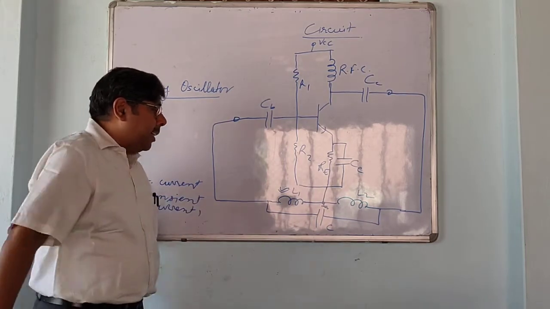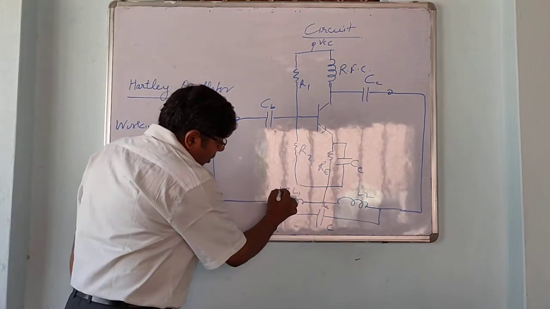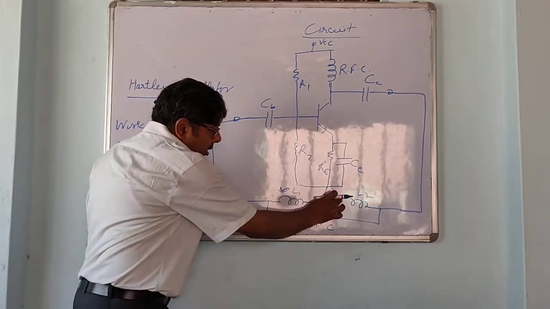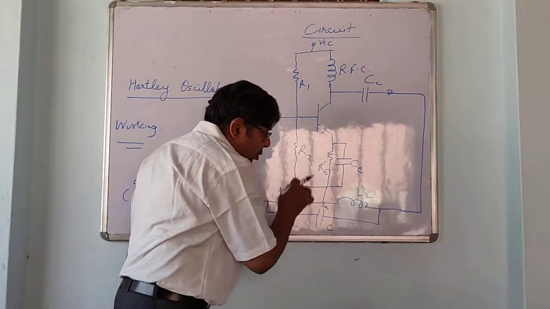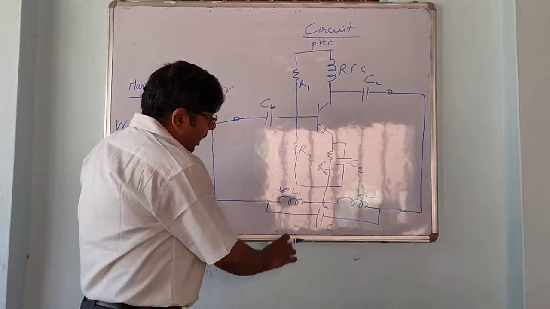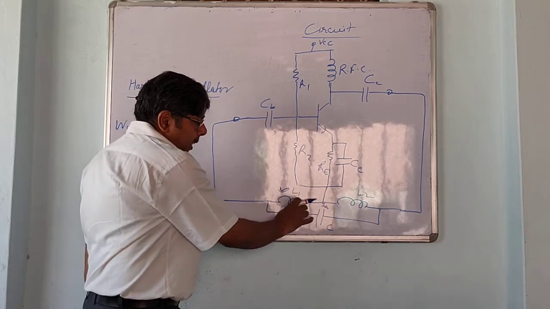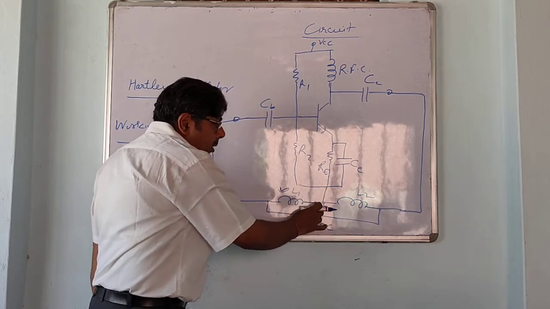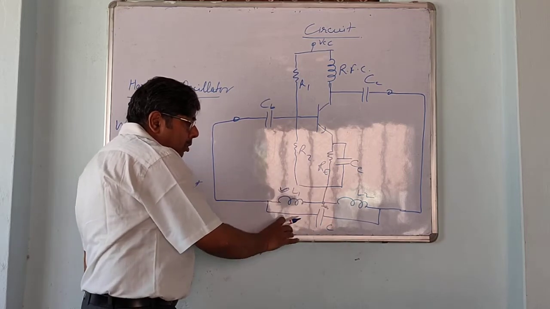Current cannot change instantaneously through inductors. Due to the coupling of these two inductors, they act as an auto transformer. A voltage is induced and there is a 180 degree phase shift. So we have an AC voltage through charging and discharging: the capacitor charges through the inductor and then discharges.